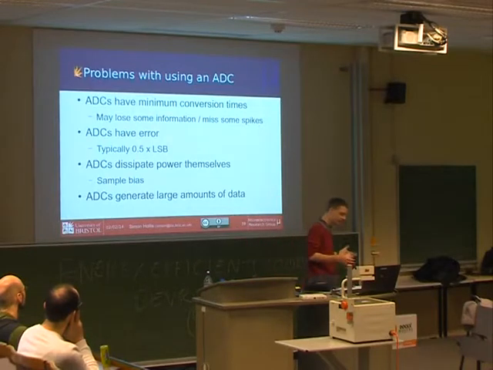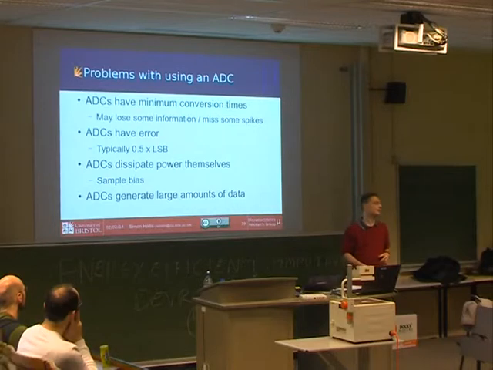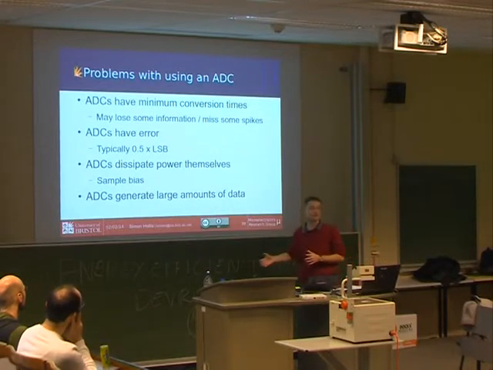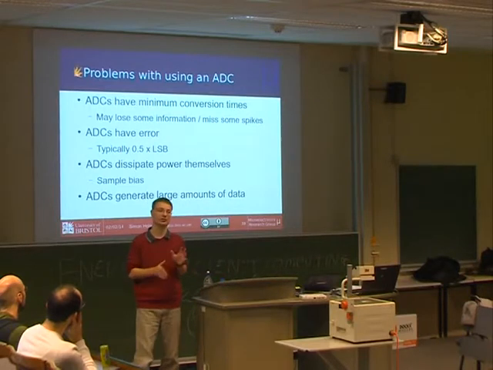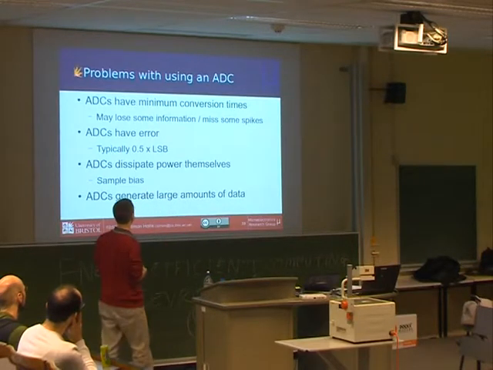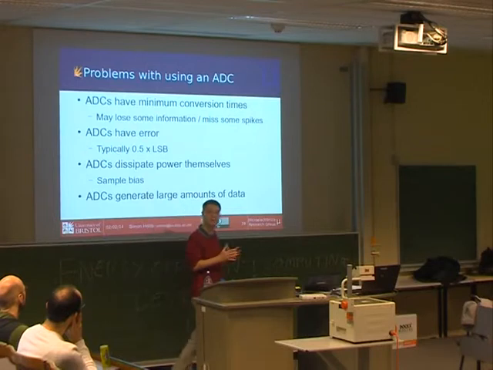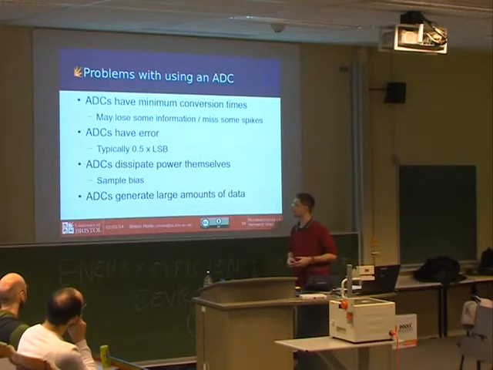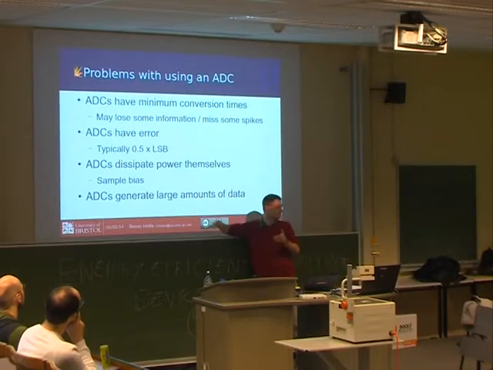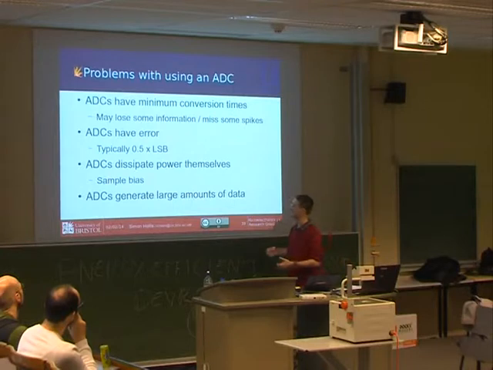When you take a value out of a measurement, you should basically discard the least significant bit, or at least average it over multiple cycles, because that will essentially randomly flip, depending on exactly how your ADC operates. There's a minimum conversion time, so the ADC puts a speed limit into the measurement, and you can't measure faster than the ADC. They themselves dissipate power, so there was a question earlier about that giving bias on the sample; you've got to remember to take that off.